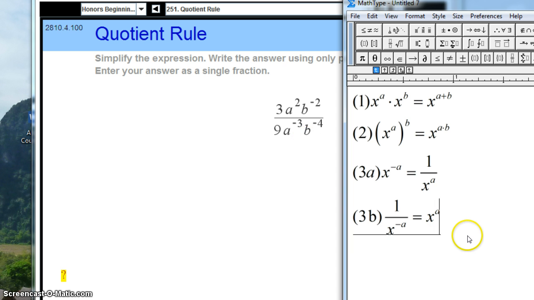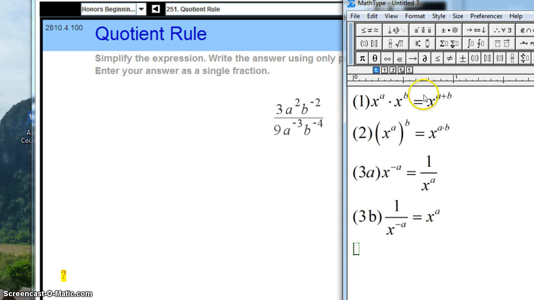So if you have x to the negative 2 over x to the 3, you can bring this on the bottom and lose the negative. And then you have rule 1, where with the same base x, you add the exponents. So that's 3 minus 2, which is just 1 over x. Okay.